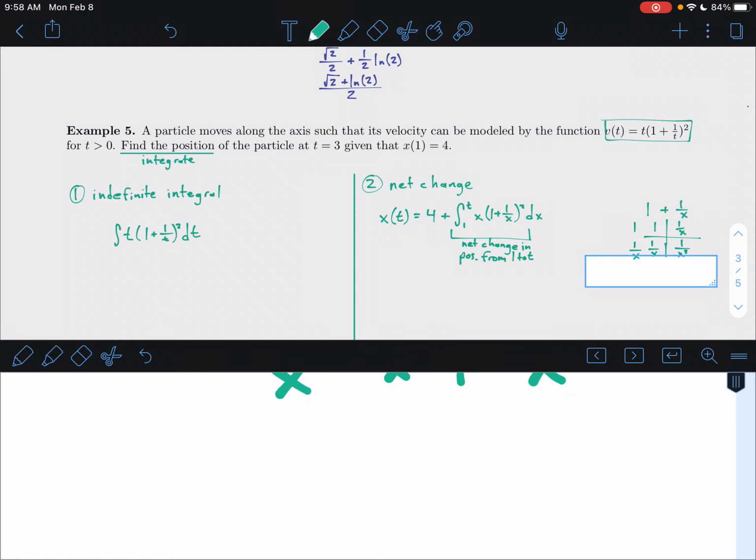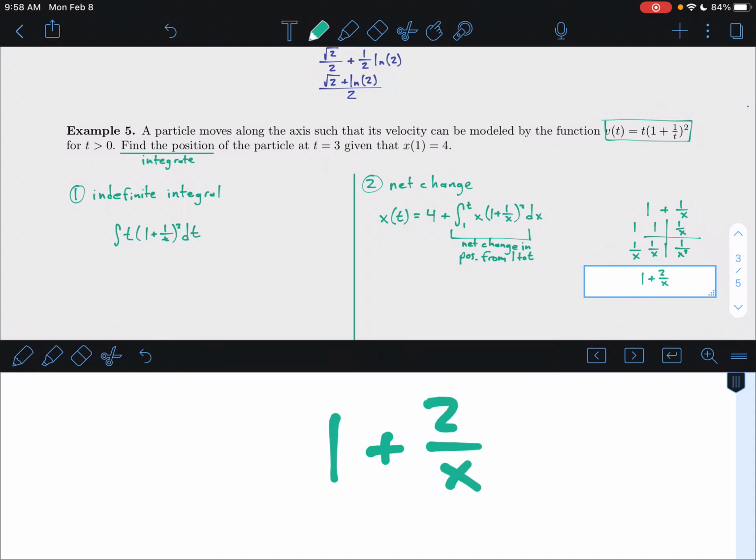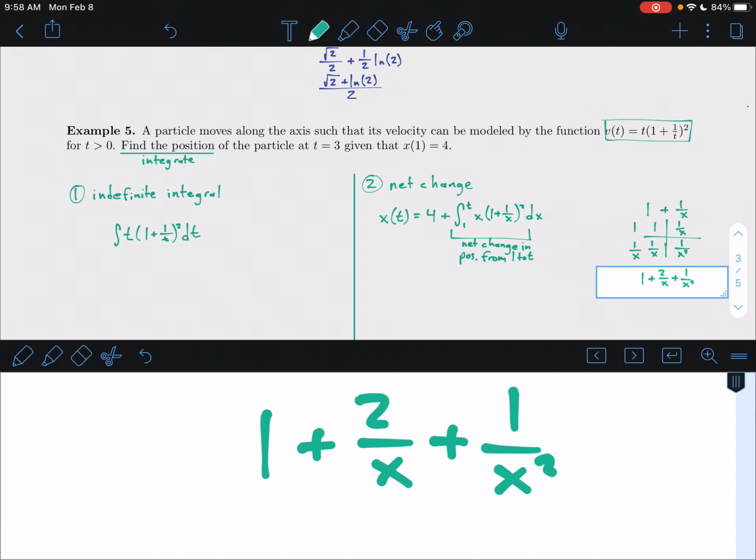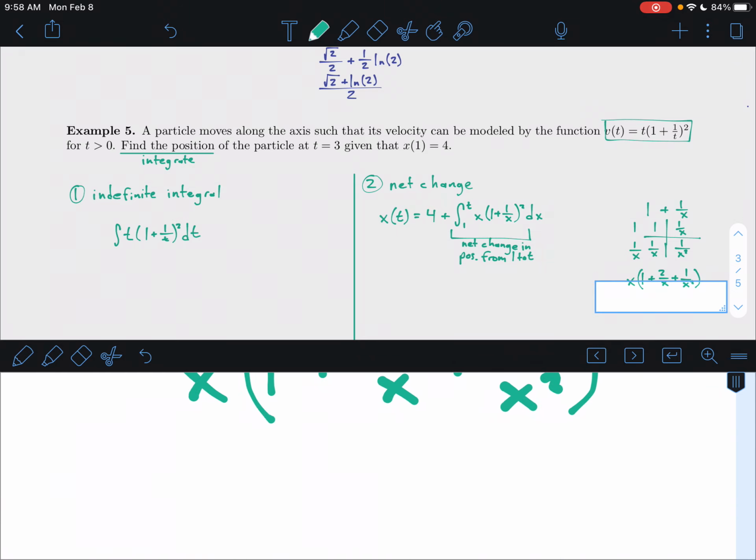Combine all my like terms, we're going to have 1 plus 2 over x plus 1 over x squared. And then I'm multiplying everything times x. So that's going to give me x plus 2 plus x over x squared, which is the same as 1 over x.